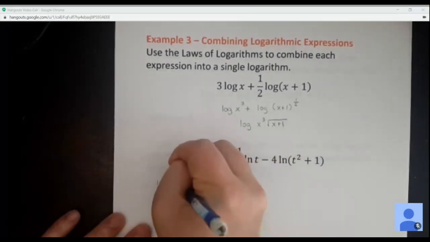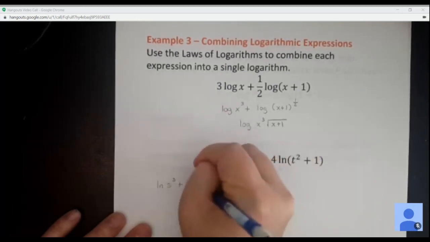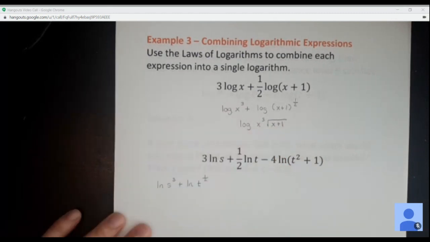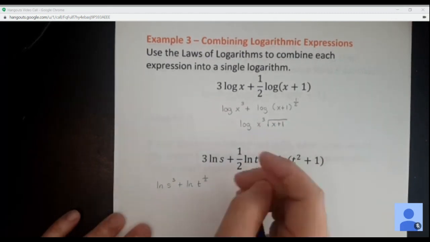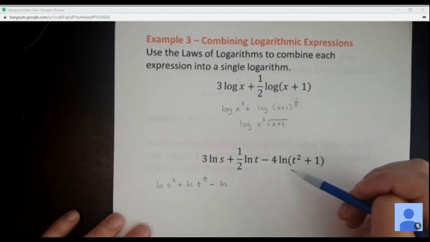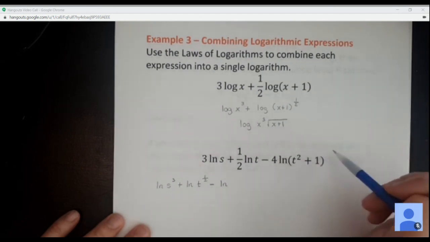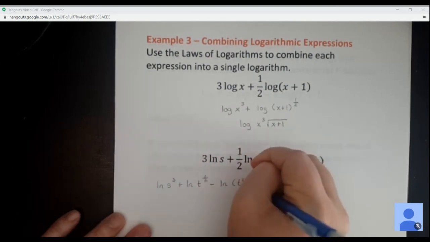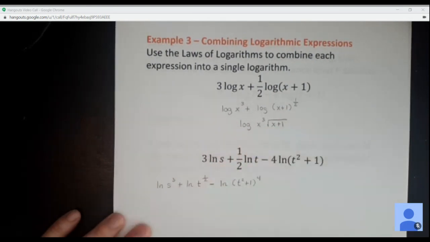So we're going to get plus natural log of t, move the 1/2 to the exponent. And then finally, we're going to have minus natural log. This whole thing here is going to get raised to that 4th power. Okay, so just make sure when you put this in here, it's going to be t squared plus 1. And the 4th power goes on the outside of that set of parentheses. All right, so we took care of moving everything to exponents. Now what?